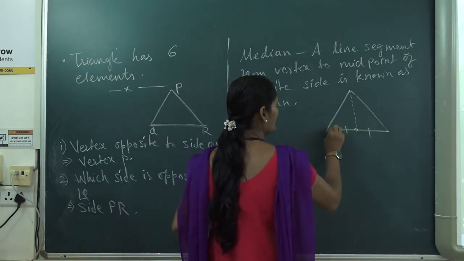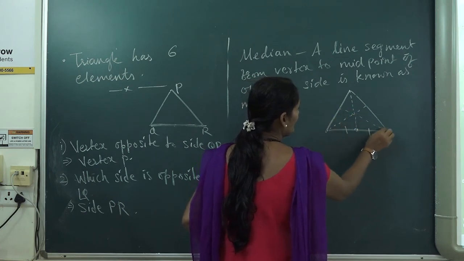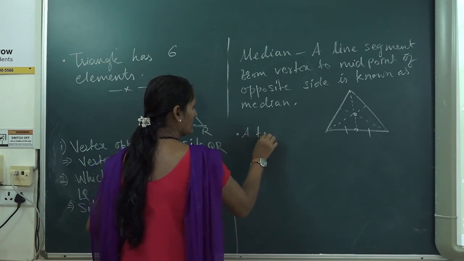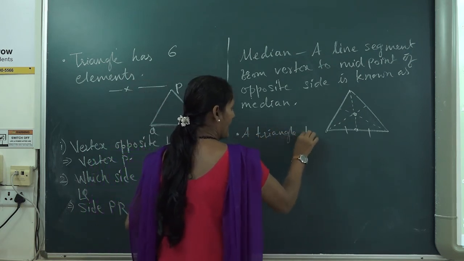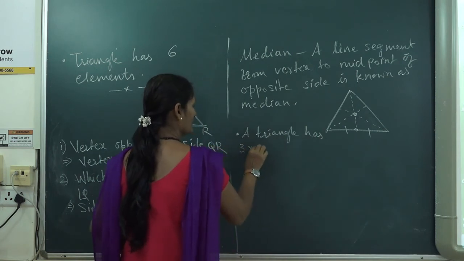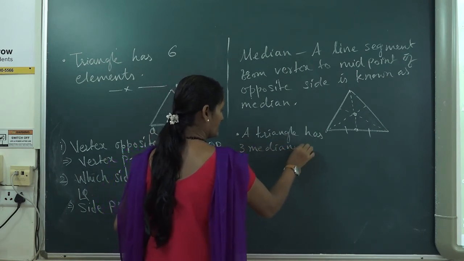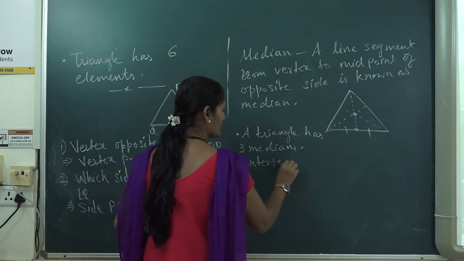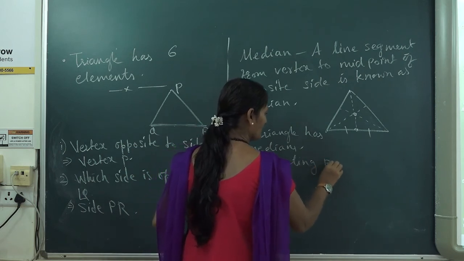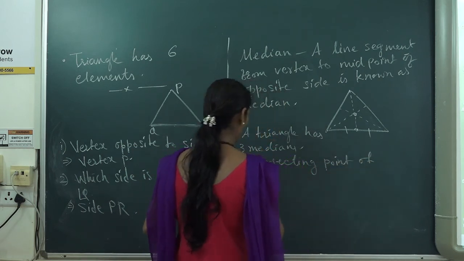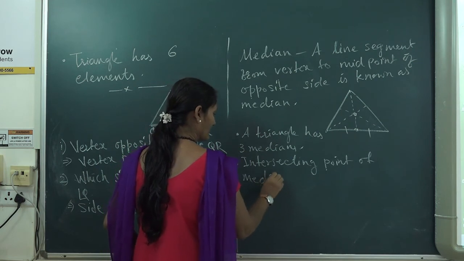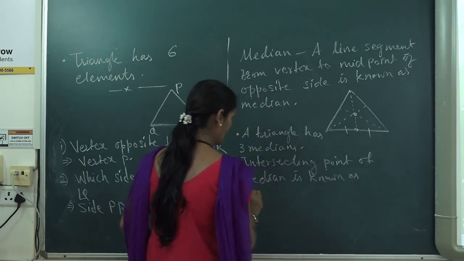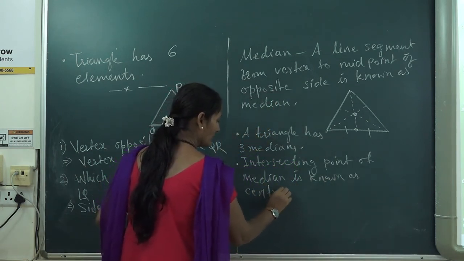Now a triangle will have three medians. How many medians? So this is a note. A triangle has three medians, and the intersecting point of the medians is known as the centroid.